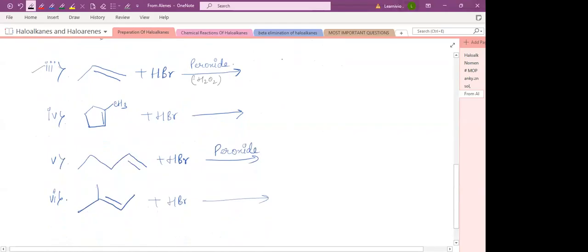Yes. Yeah. So the bromine will attach to here, right? So you will get 1, 2, 3. Here the bromine group will be attached. Okay, so that's your final answer.